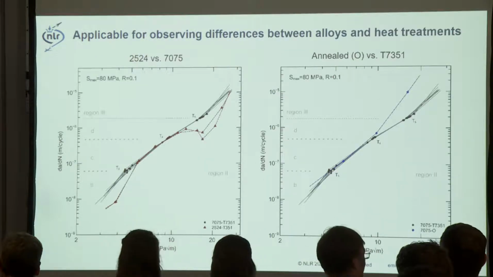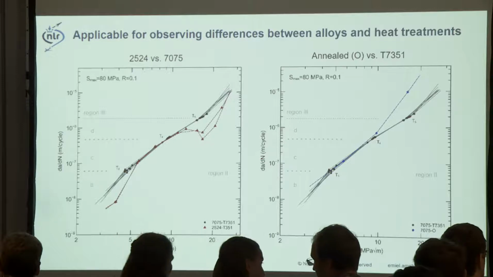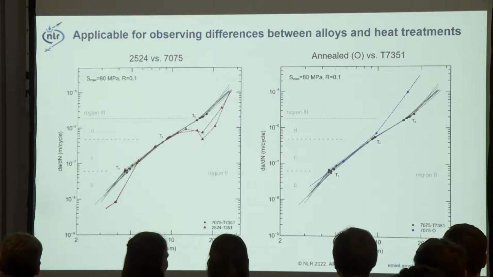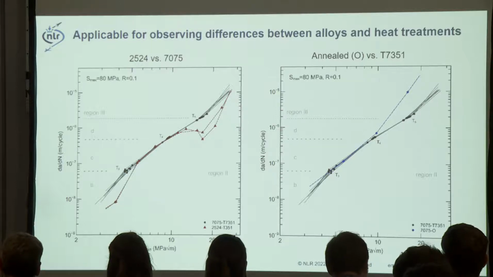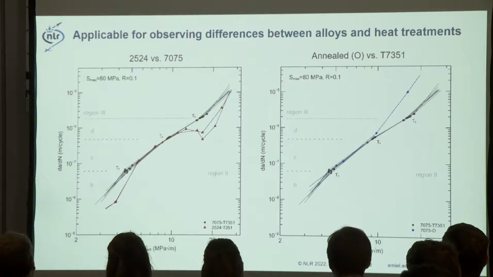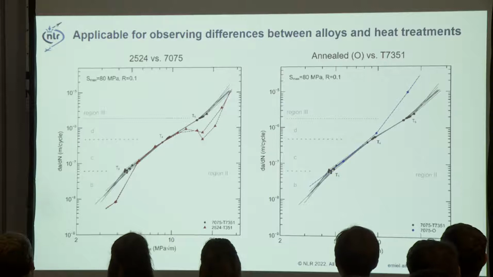We also applied this for different alloys and different heat treatments to see if we can observe differences. This is the first time that we don't have this noise in the data, and we can clearly observe differences when we do a heat treatment or we change the chemical composition. For example, here we have 2024 versus 7075, and you can see in this region, this is region 2, here you can see the change to region 3.